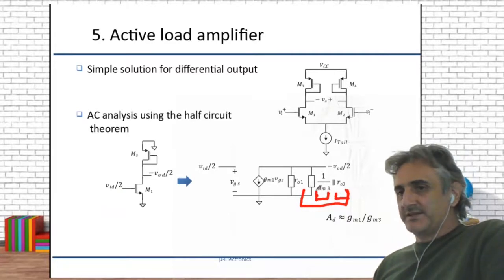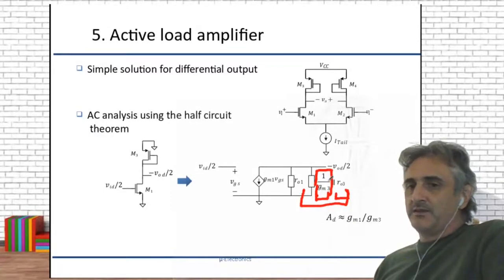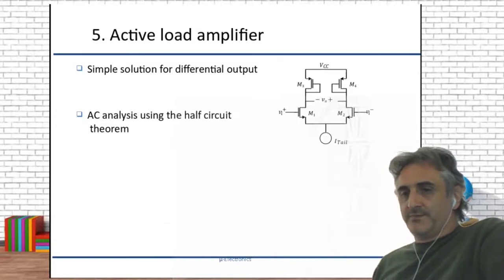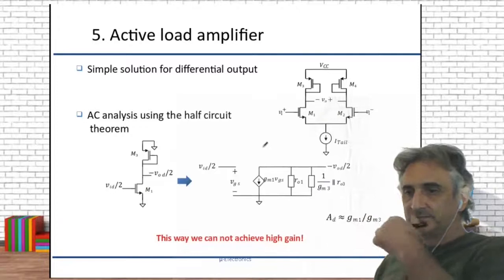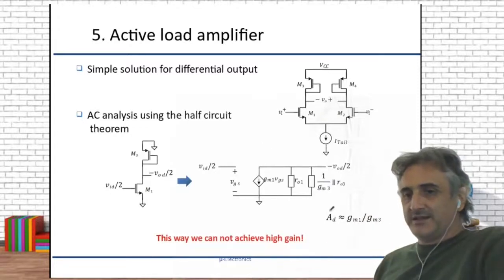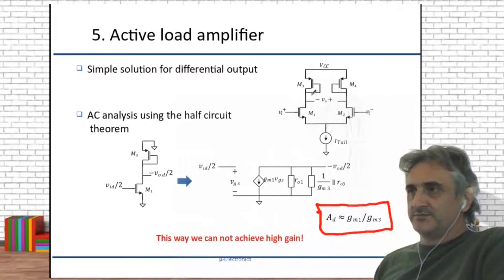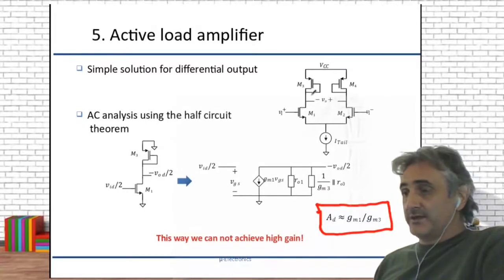Usually, this resistor is much smaller than the output resistance. So what we get finally is that the differential gain is related to the gain of the first transistor, the input transistor, over the gain of the second transistor, which is frankly not easy to get very high.